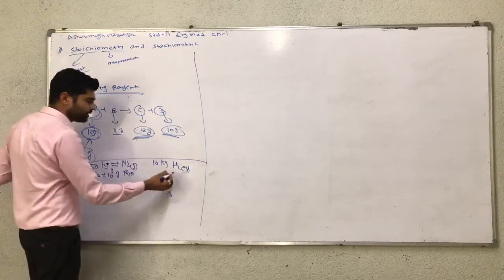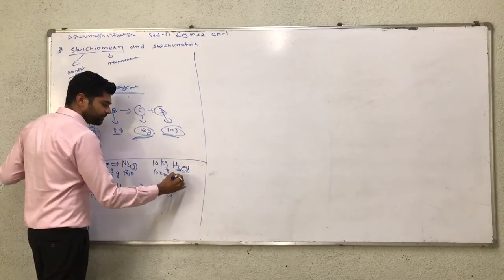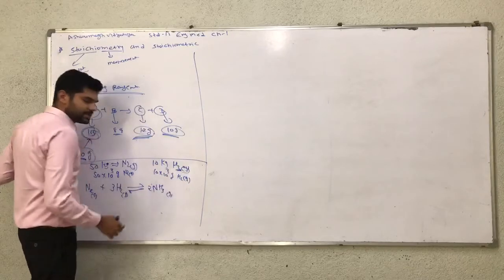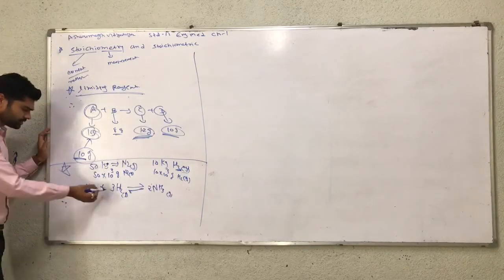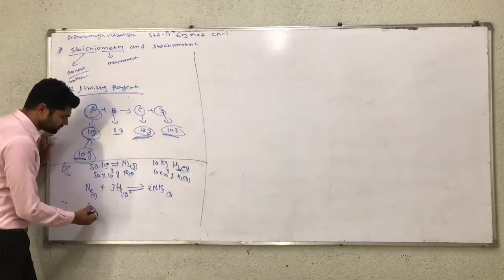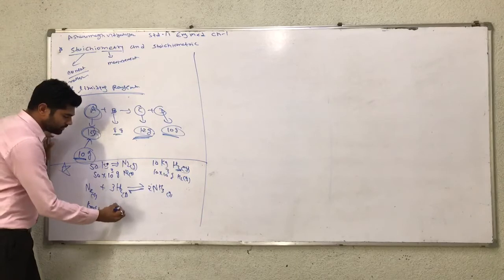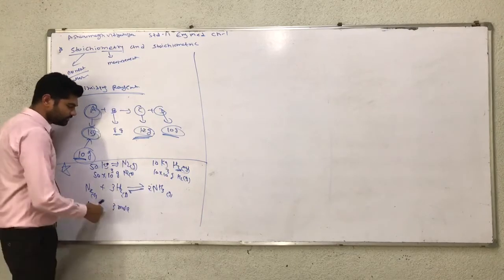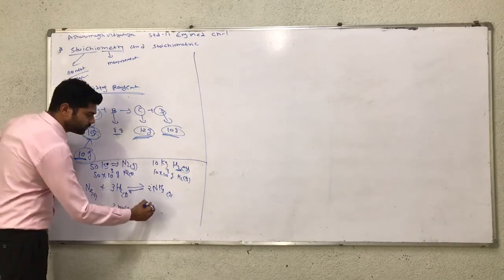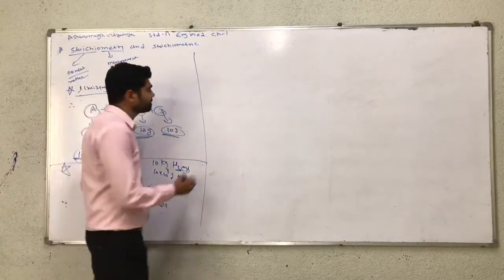In a similar way for H2, 10 multiplied by 10 raised to 3 grams of H2 gas. So first balance the chemical reaction. After balancing, 1 mole of N2 and 3 moles of H2 combine to produce 2 moles of NH3.